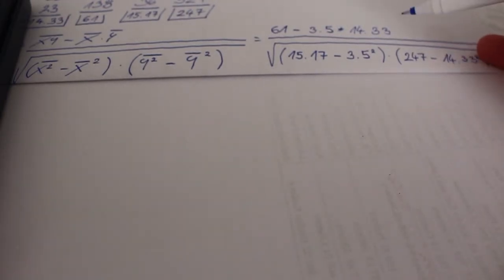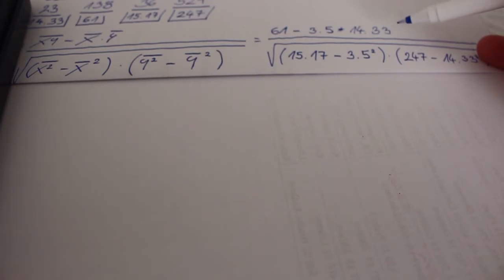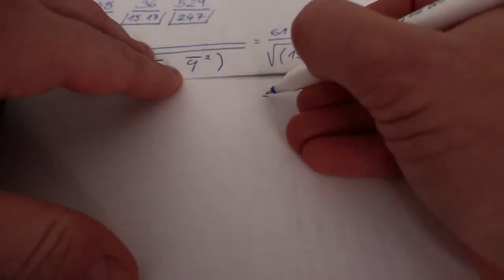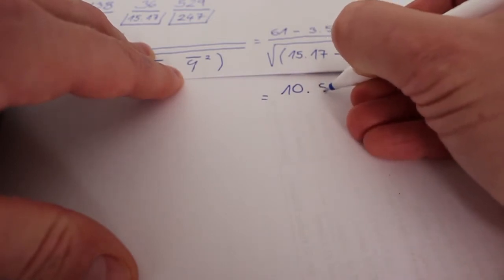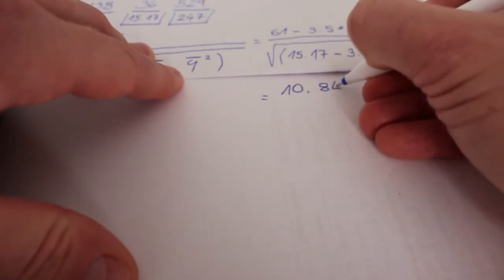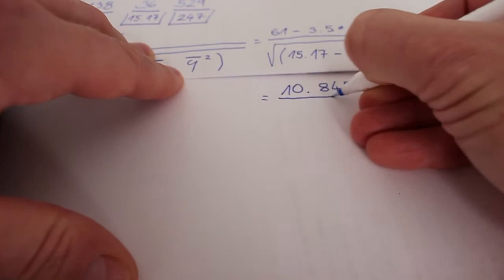Okay, equal sign. Numerator: 61 minus 3.5 times 14.33, enter. So the numerator is 10.845.